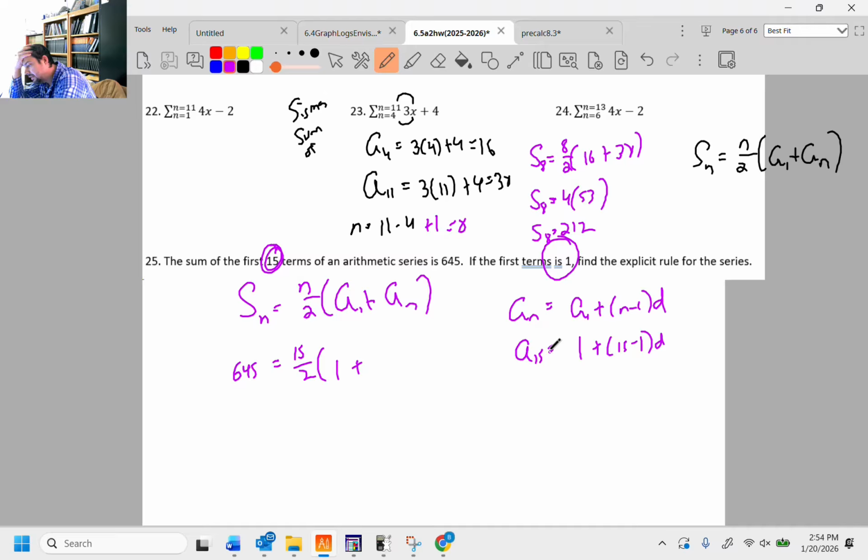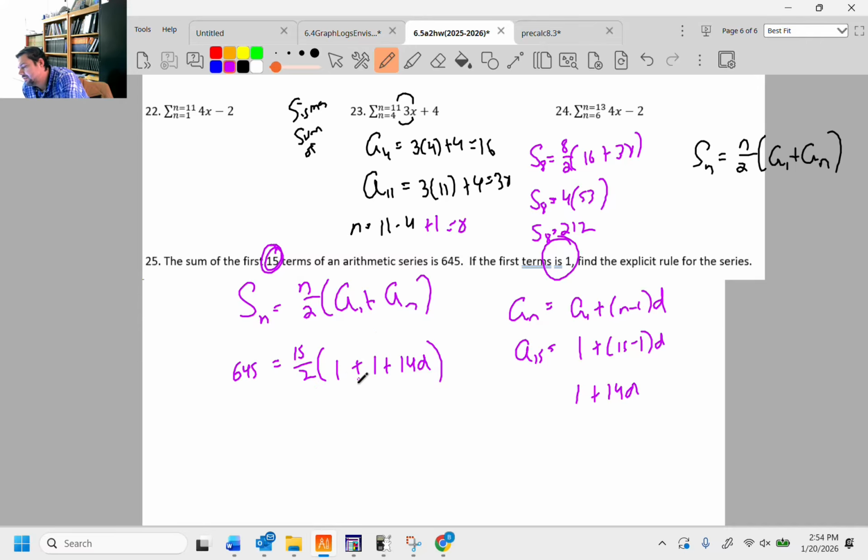Because I'm actually finding a sub 15, because it's the last term. All right, anyway, I get 1 plus 14 d's, and I can put that there. Now, what I've done is I've rewritten the information I have, and I've given myself an opportunity to figure out the common difference, because if I have the common difference, I can figure out the explicit rule.